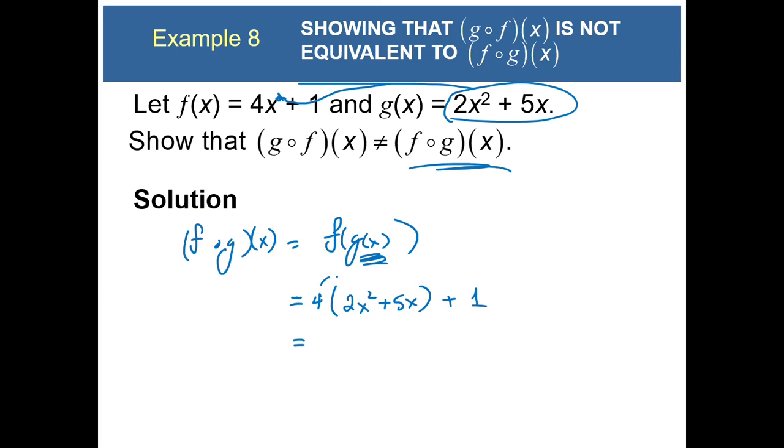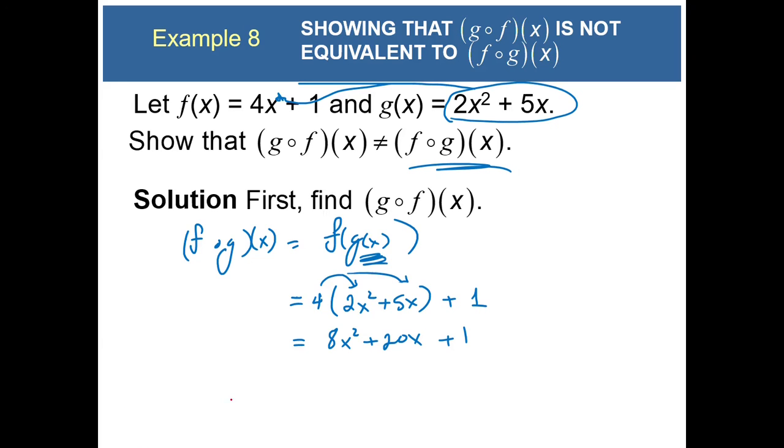Let's distribute the 4 to the parentheses. We have 8x squared plus 20x plus 1. And we cannot simplify that, so we're actually done. In conclusion, f of g of x is not equal to g of f of x.